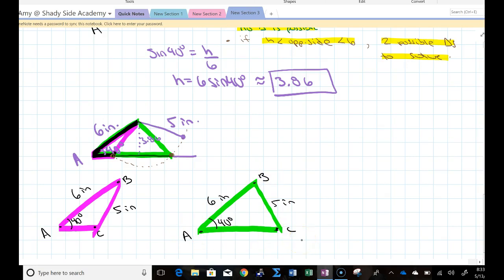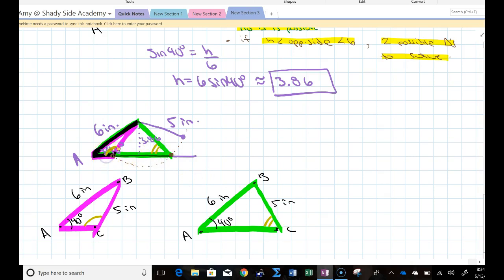Okay? Now, I also want to ask you this question. Look at the pink triangle. I'm going to come down here and do this. Look at this angle, which is right here. I know it's getting a little bit crowded. And look at this angle right here, which is this one.